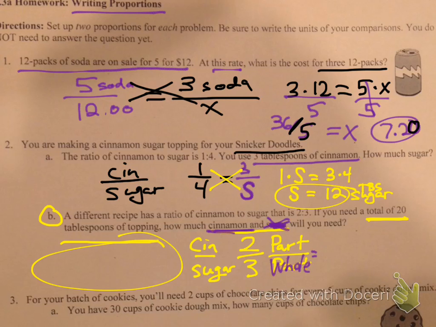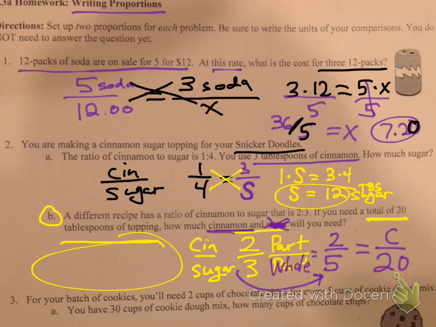So a part to whole would be 2 cinnamon out of a total of 5, because you got 2 cinnamon and 3 sugar, that makes 5 total parts. So equal sign, we want a total of 20.